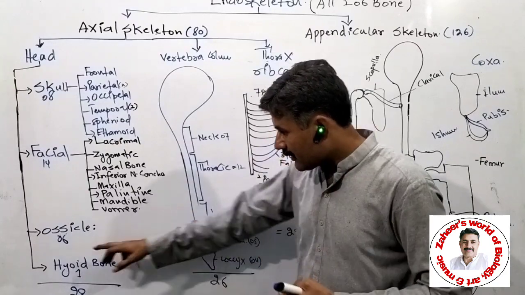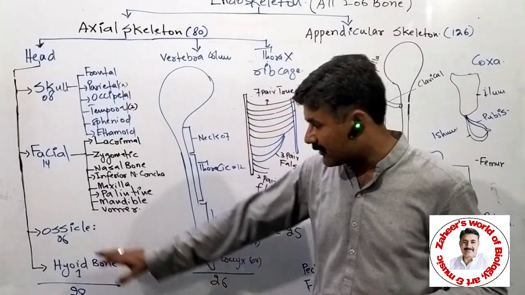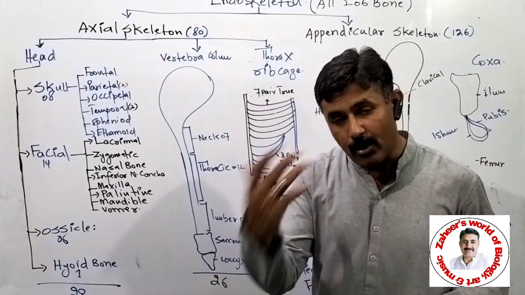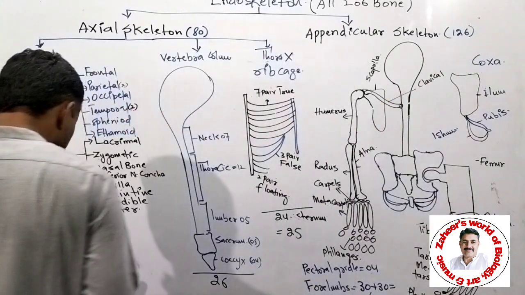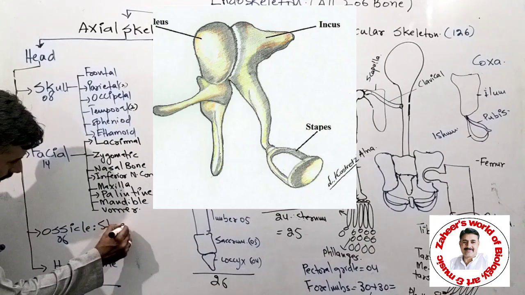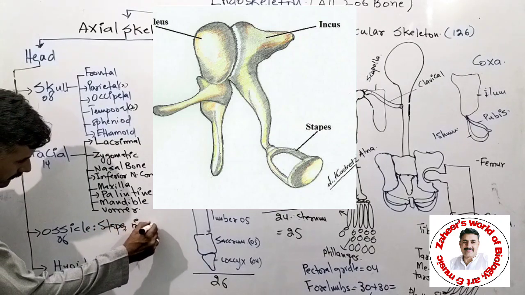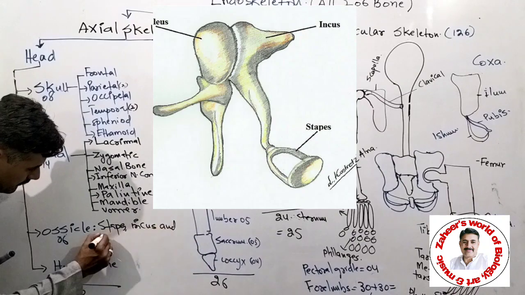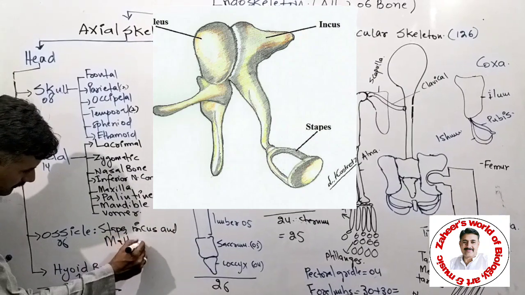Then the ossicle bones: there are 6 bones in total, present in 3 pairs. These bones are called stapes, incus, and malleus.